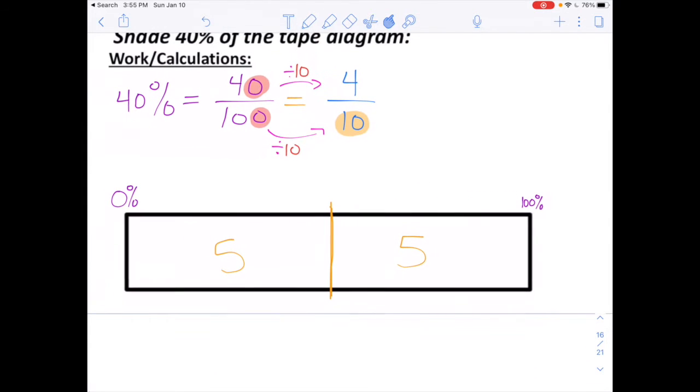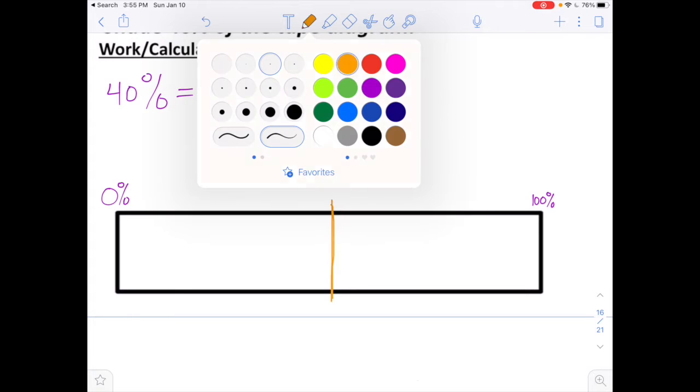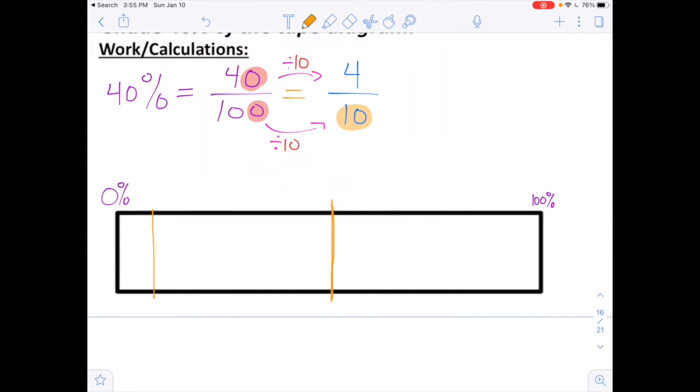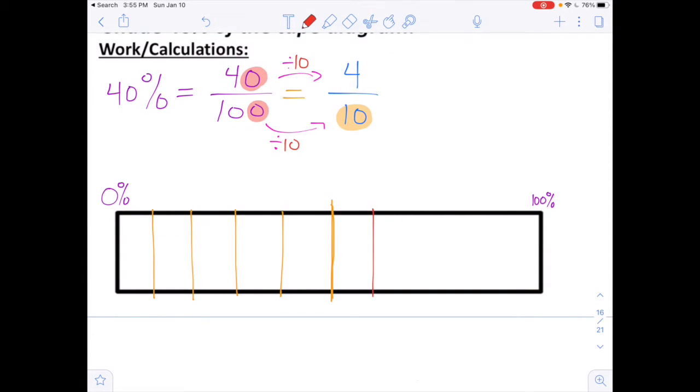All right. So now I need to cut each side into 5. So 1, 2, 3, 4, 5. 1, 2, 3, 4, 5.